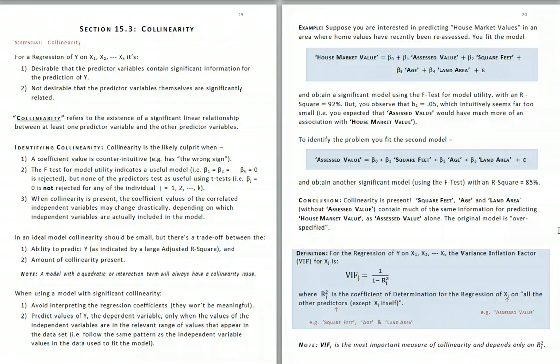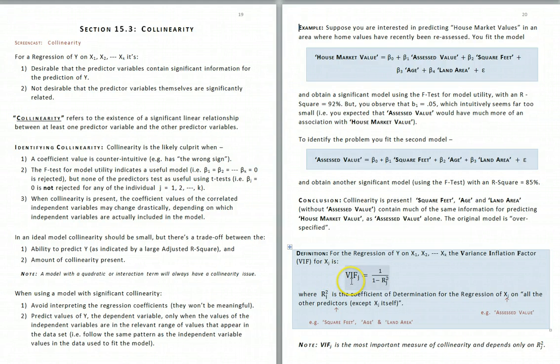We leave the example and state a general definition, a definition for variance inflation factor. For a multiple linear regression model, pick an independent variable, any one. Call it xj.